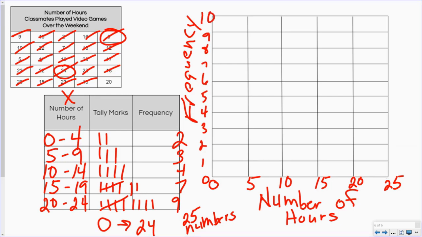And I'm going to do the same thing that I did in my previous one, is I'm going to look at my frequencies here. So my first range of 0 to 4 is 2. So there's my first one. 5 to 9 was 3. 10 to 14 was 4. 15 to 19 is 7.